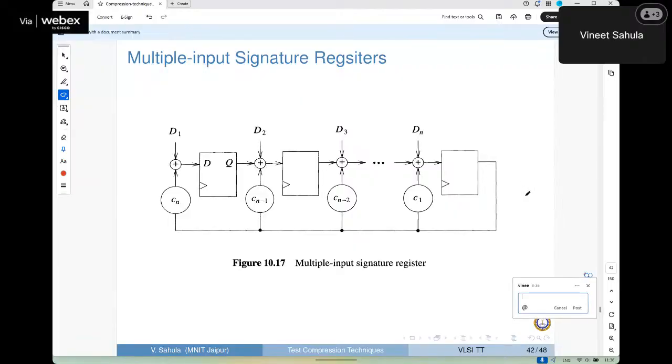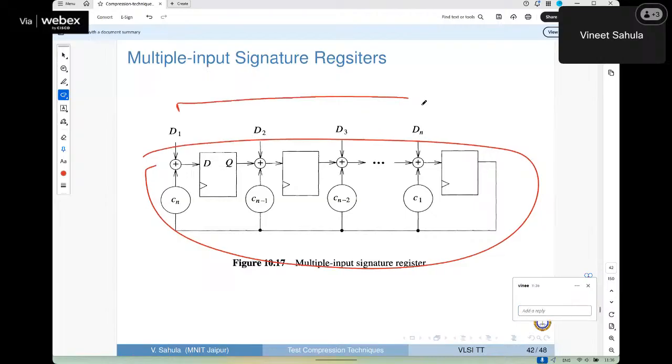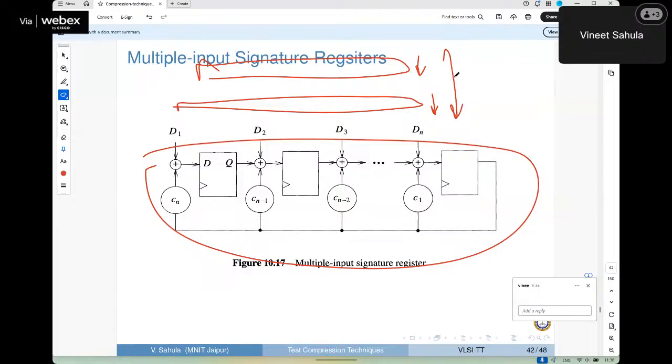I have the same LFSR taking these bit patterns one by one. One bit pattern at one time, second time second bit pattern, third time third bit pattern. What I get finally is all bit patterns merged into a single signature. It's called multiple input single signature, MISR.